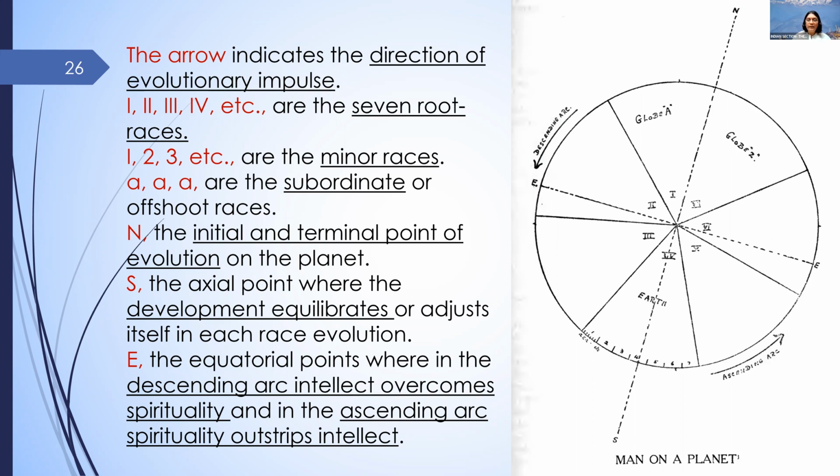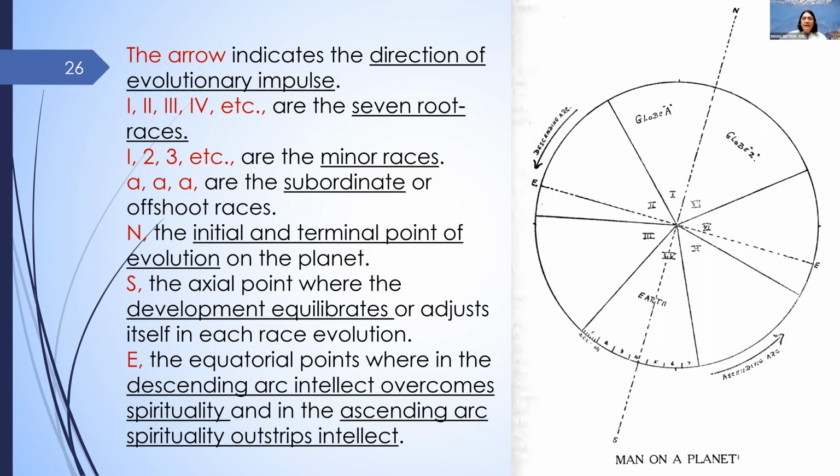And terminal point will be the root race 7, which is again reaching back to that terminal point N. Then if you look at the lower axial point S, that is where the development equilibrates, or it adjusts itself in each race evolution. So spiritual and material advancement are in balance. That is indicated by the north-south axis.